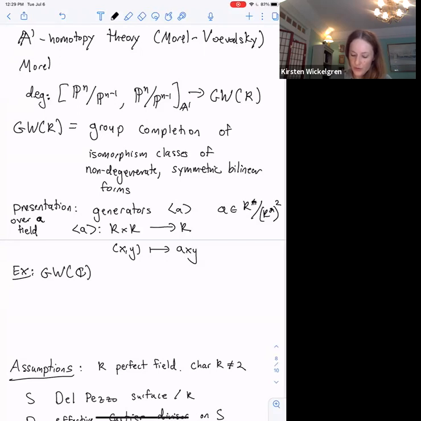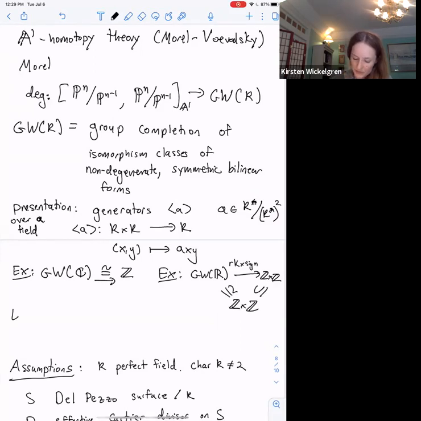So, for example, the Grothendieck-Witt group of C, we can take a bilinear form to its rank and get Z. And the Grothendieck-Witt group of R, we've got two square classes, 1 and -1, and that gives rise to a signature. So the rank cross the signature determines an isomorphism with the Z cross Z inside here, where the two have the same parity.